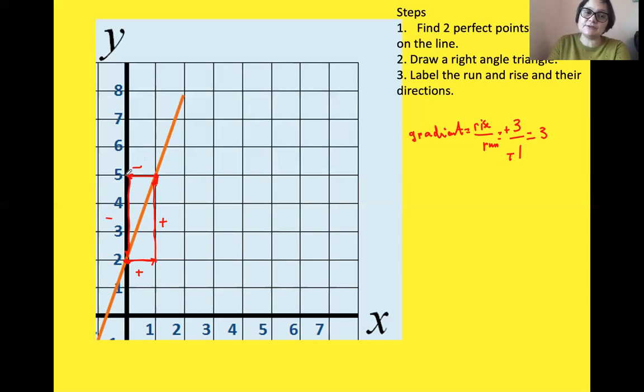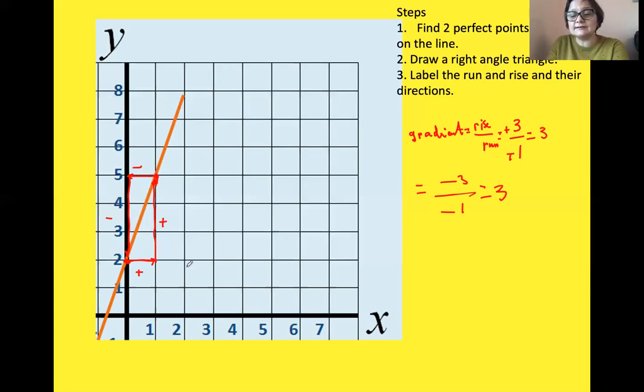Because it goes to the left and down, the direction of the rise and the run are going to be negative. And so the gradient is going to be -3 over -1 equals 3. And you see, the gradient is the same, whether you go from the bottom point to the right and up, or from the second point to the left and down.